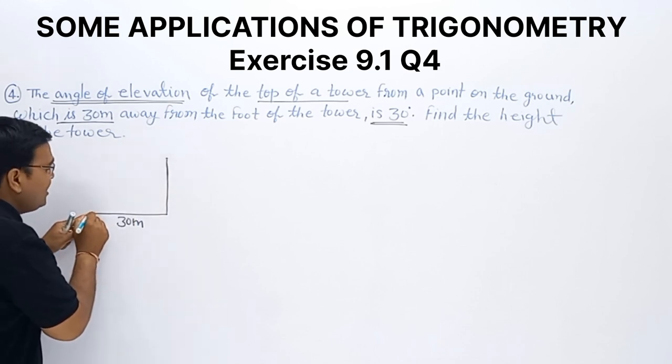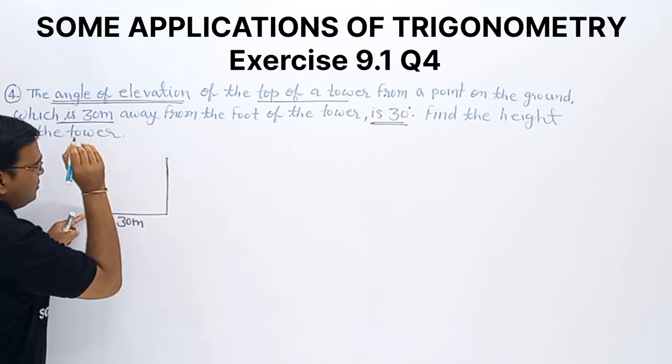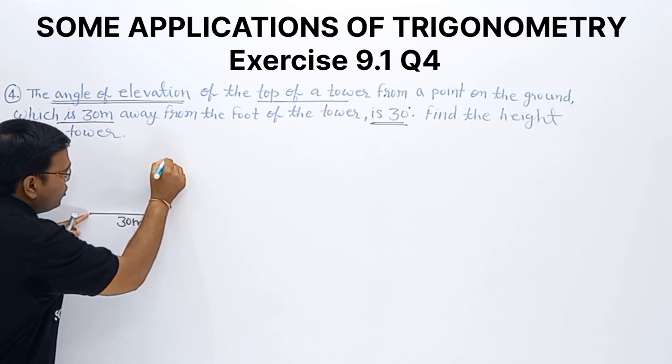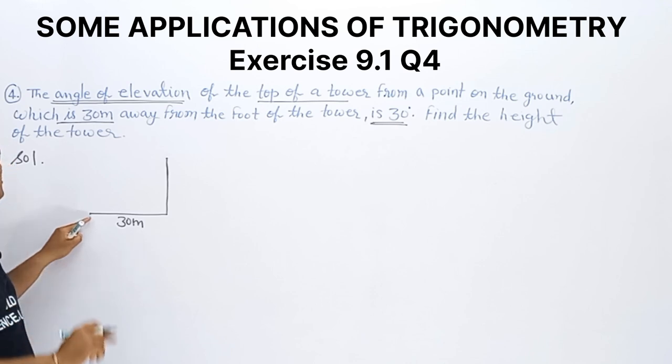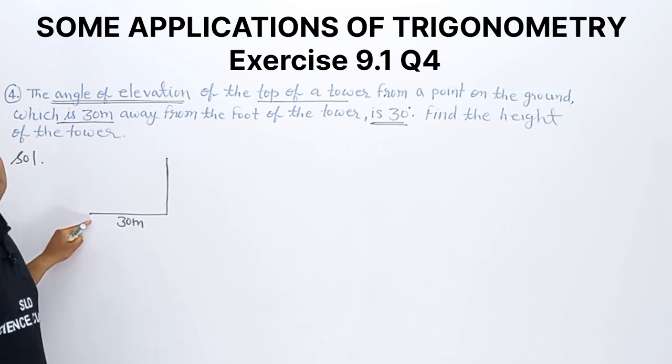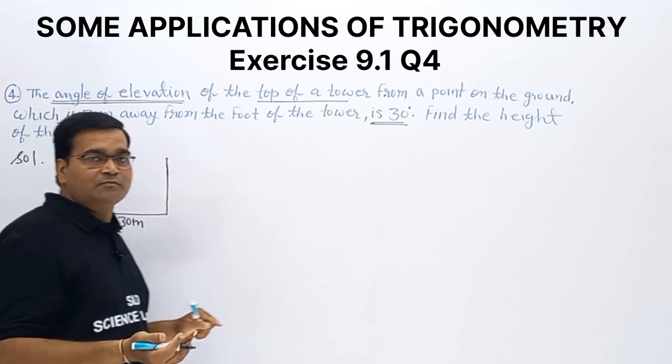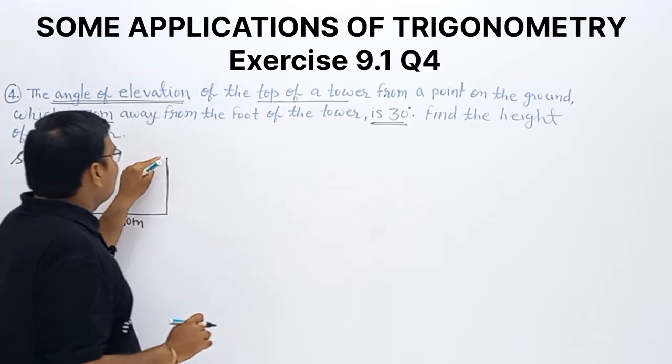One person is standing. That person wants to see the top of this tower. Obviously, the head of that person should be raised. Once we raise our head, then only we can observe that point.